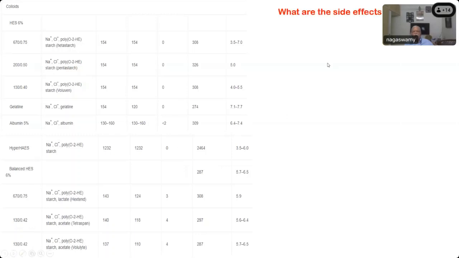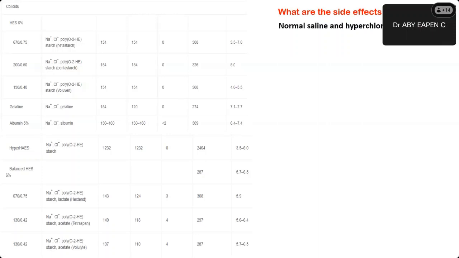Now, what are the side effects of intravenous fluids? Overhydration, volume overload. With each and every fluid there is an individual side effect. If you give too much normal saline, it will result in hyperchloremic acidosis. Like that, can you name other side effects? Ringer's lactate and lactic acidosis, sir. Hypokalemia and hyperkalemia can be caused by administration.